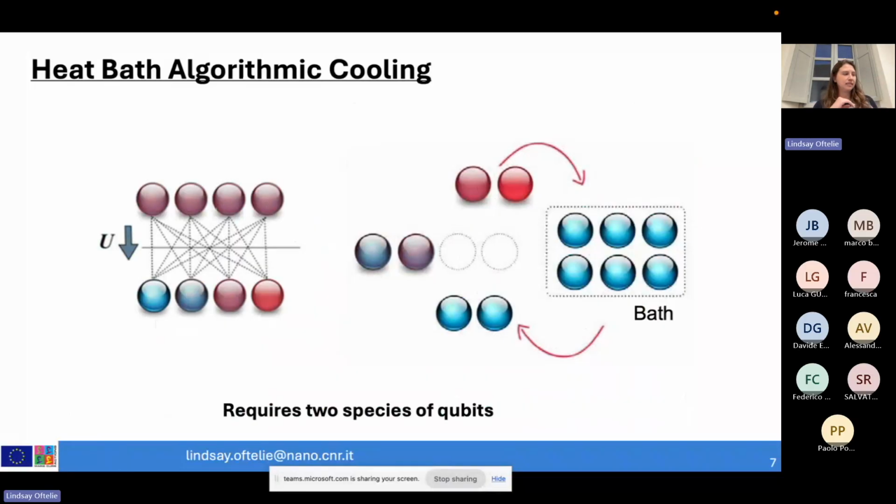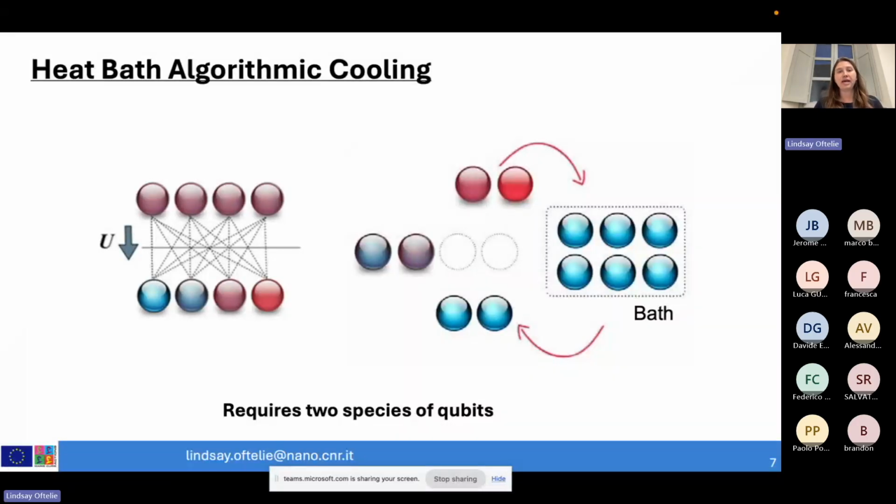Now, an implicit assumption here is that you need two species of qubits. This is because the target qubit, the one you're going to use for computation, you want to have a very long relaxation time. You want it to hold its information for as long as possible because you need it for computation. On the other hand, the reset qubits, you want them to have a very short relaxation time so that they will rethermalize with the bath quickly, allowing you to do multiple steps of algorithmic cooling.